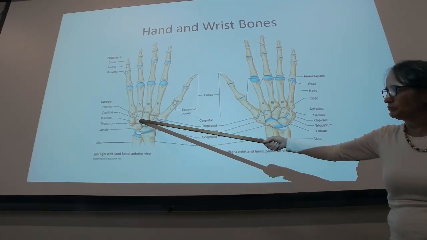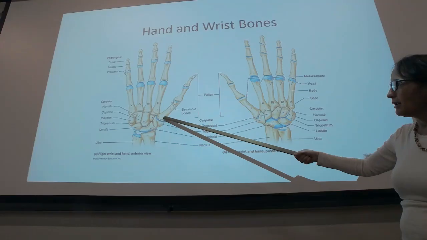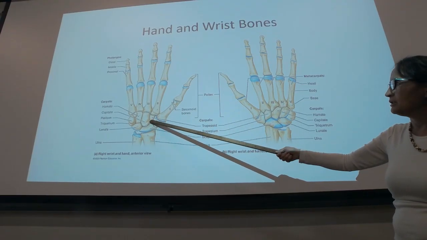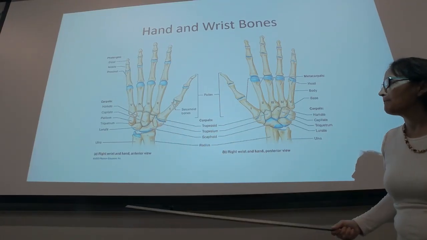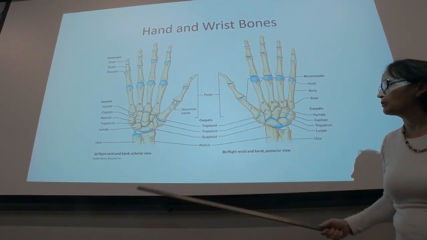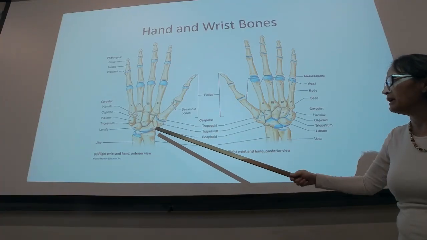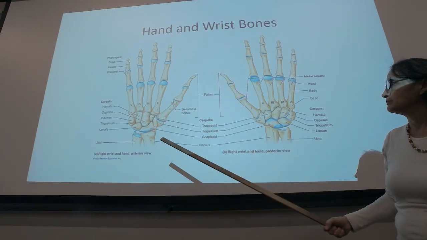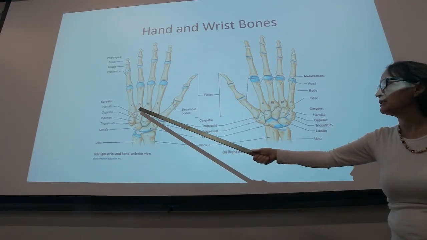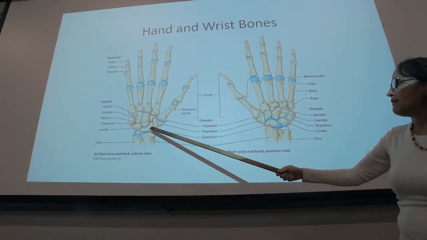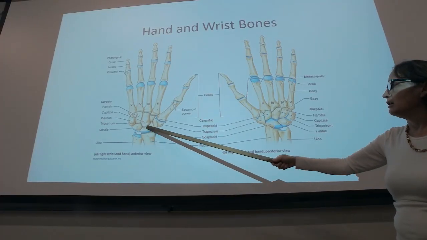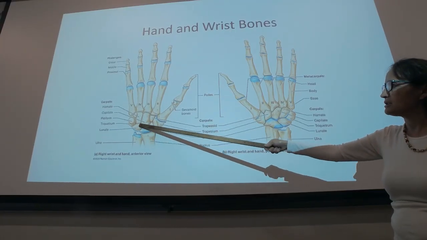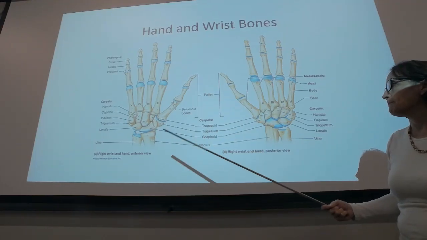And then the distal row is trapezium, trapezoid, capitate, and hamate. The hamate has a hook, which is this one. So it will be Sally left the party to take Carmen home. Trapezium, trapezoid, capitate, hamate. Scaphoid articulates mostly with the radius, while the lunate articulates with the ulna.